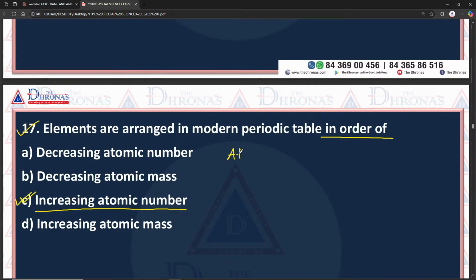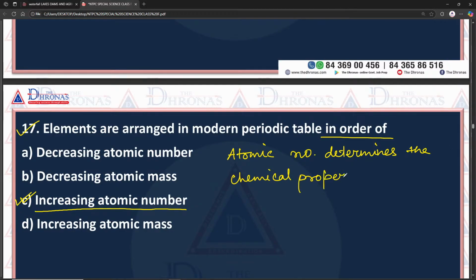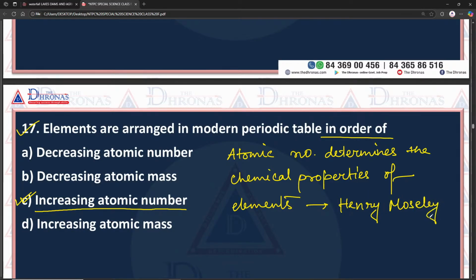So atomic number determines the chemical property of an element. This principle or this statement was given by Henry Moseley. Okay?